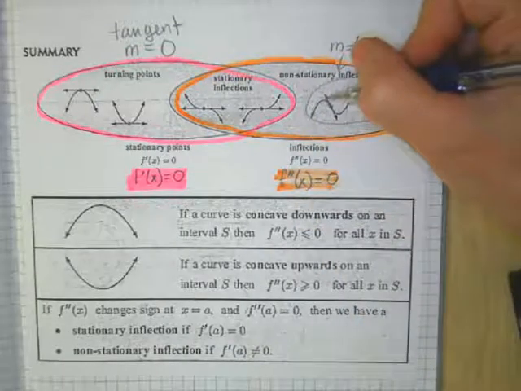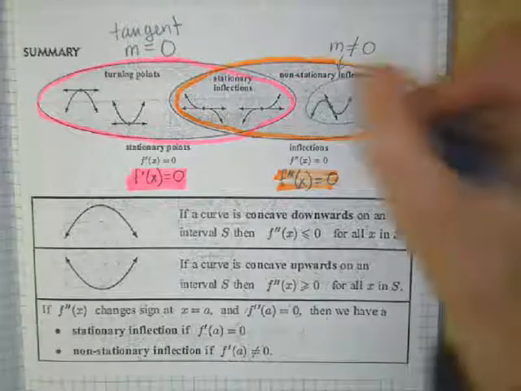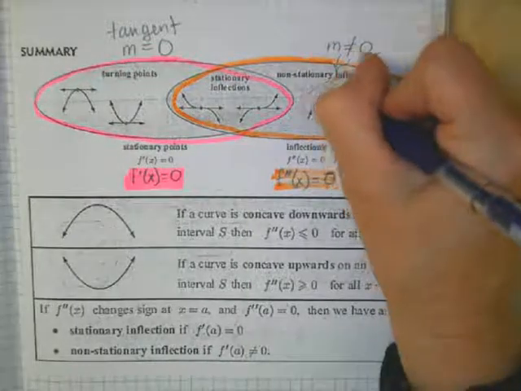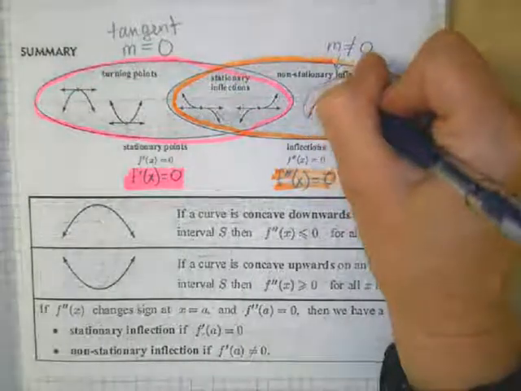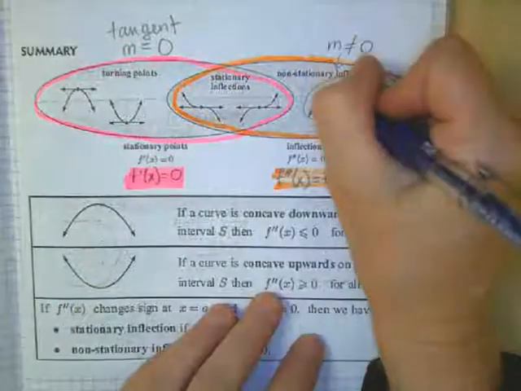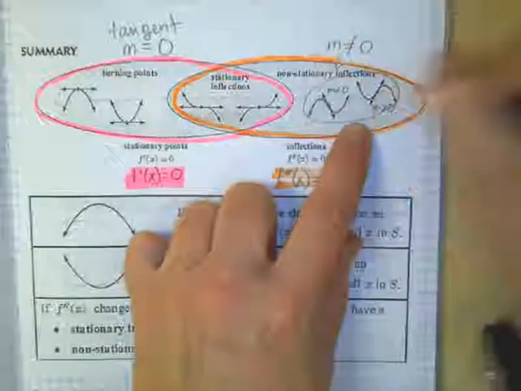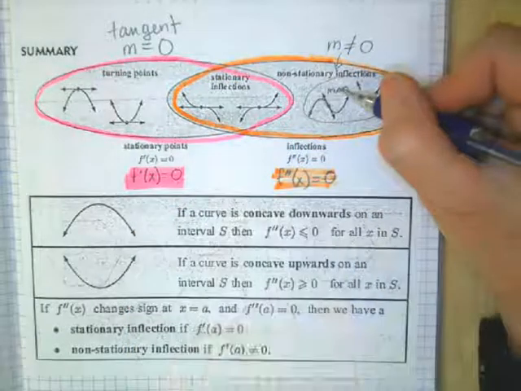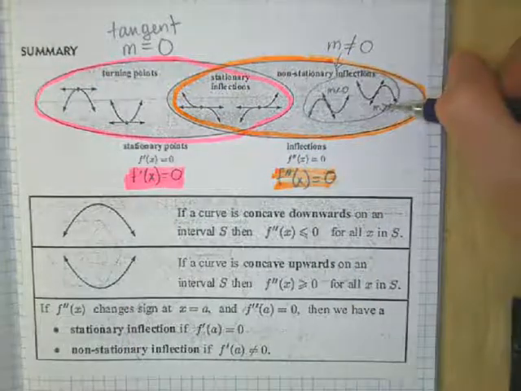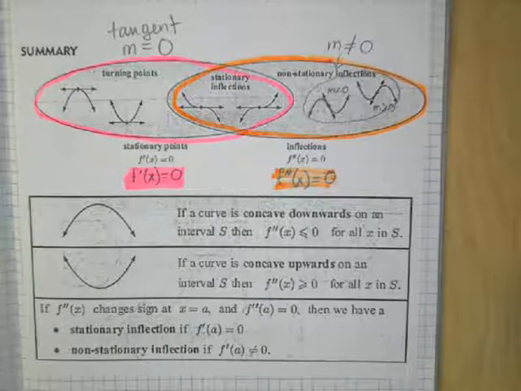So here it has a negative slope, here it has a positive slope. Okay, so here my slope is greater than 0. Oh, sorry, I said that wrong. Less than 0, that's the negative one. So my slope is less than 0. This one, my slope is greater than 0. So the first derivative would be less than 0 here, and greater than 0 here. So we're going to do a bunch of work next week on this.